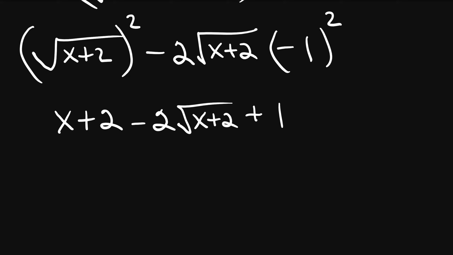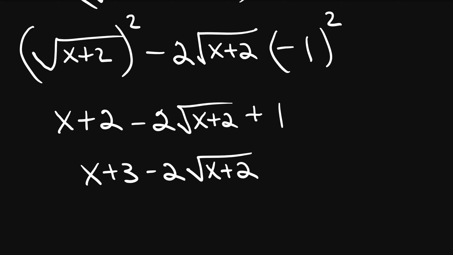Can I add anything together? The 2 and the 1 I can add together. So I could write this up as x plus 3 minus 2 root x plus 2. And by George, I think we've got it.